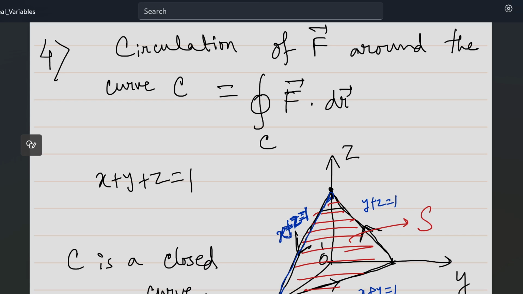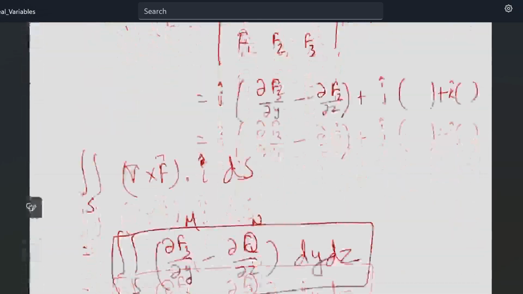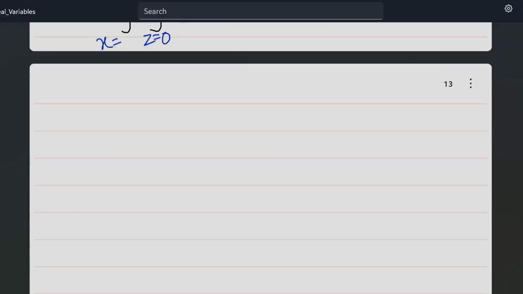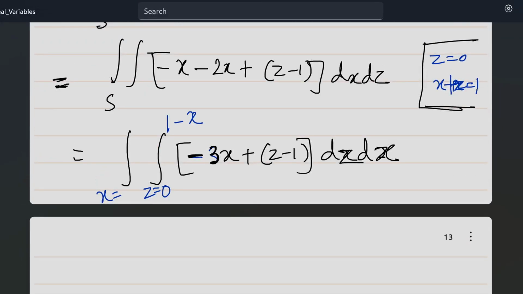This point is 0 1 0. This point is 0 0 1. So z varies from 0 to 1 minus x and x varies from 0 to 1. This you just visualize because it is a 3D graph. I cannot draw in a 2D plane, but I just tell you.